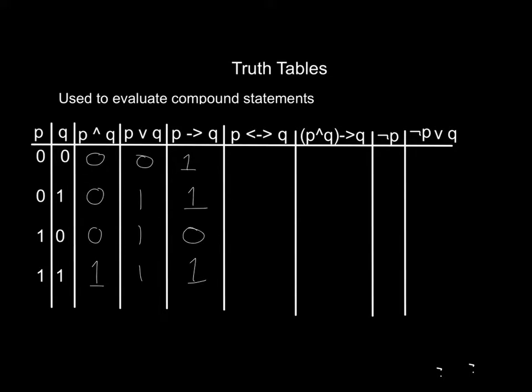So to illustrate intuitively why this is the case, I like to go back to the example of P is I am elected mayor, and Q, I clean the streets. So in that case, the proposition is, if I am elected mayor, I will clean the streets. So let's just say that is the promise that I make while I'm campaigning. If I am elected mayor, I will clean the streets.